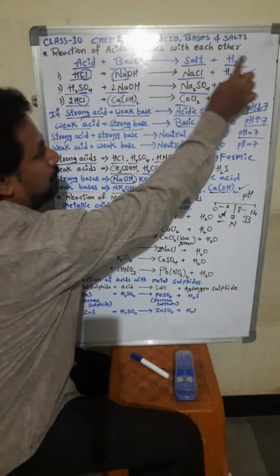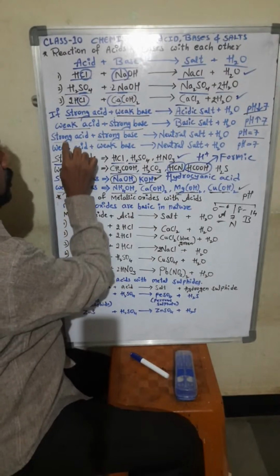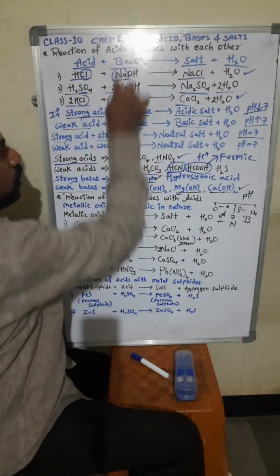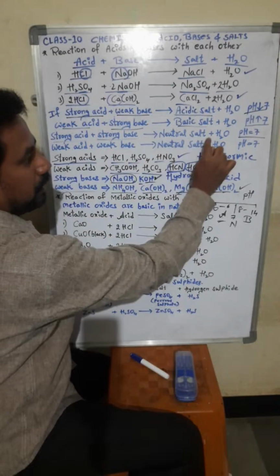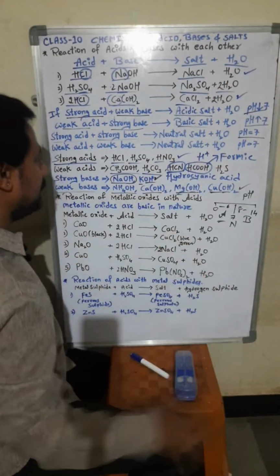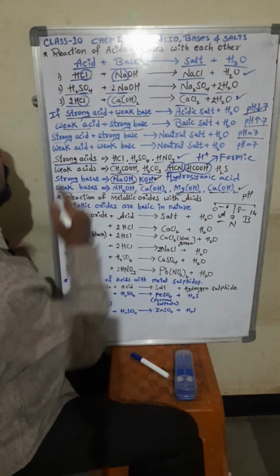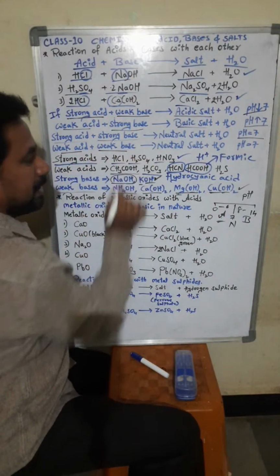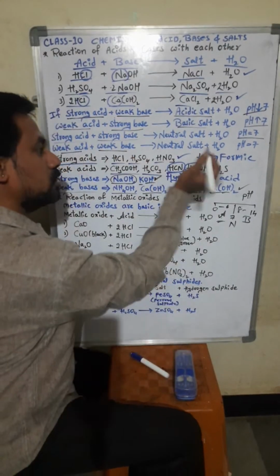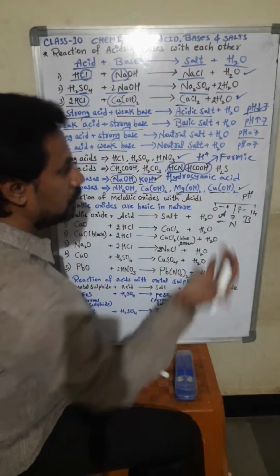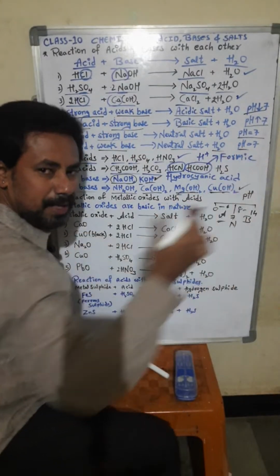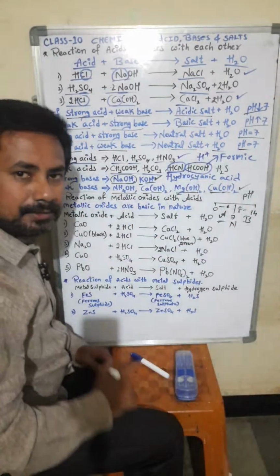Acid plus base, salt plus water. Fine. Next, weak acid, weak base, both are weak. So salt will also be neutral and water will form, pH will be 7.